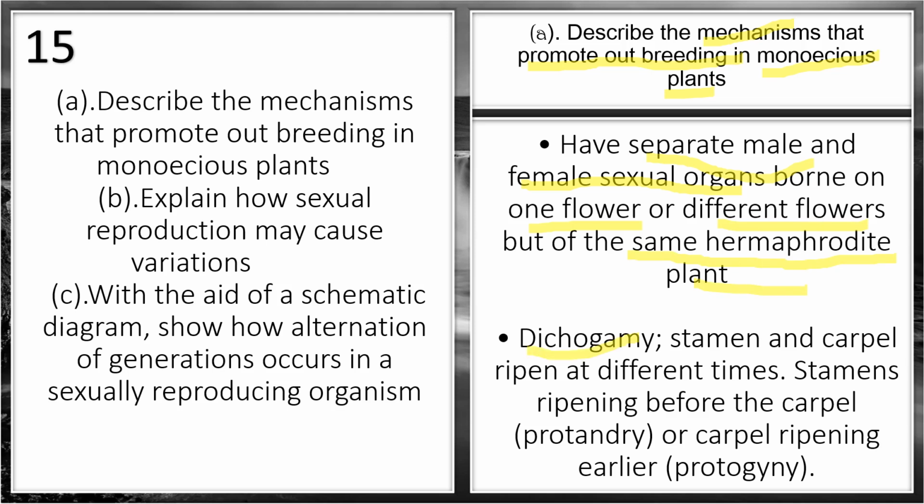Dichogamy. This is where the stamens and the carpels ripen at different times. Stamens ripening before the carpels we call protandry, or carpels ripening early is called protogyny.